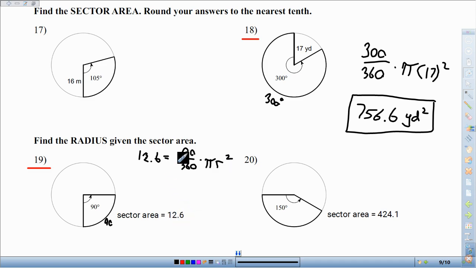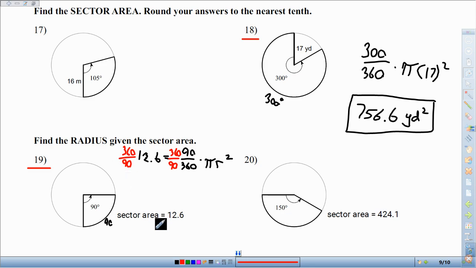And just like the one we did with the arc length and solving for radius, we are now just getting r by itself by getting rid of the fraction, pi, and then the power of 2 in that order. So starting the same way as before, getting rid of the fraction by multiplying by the reciprocal, both sides.